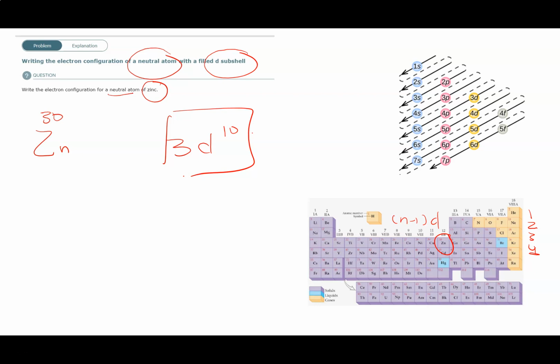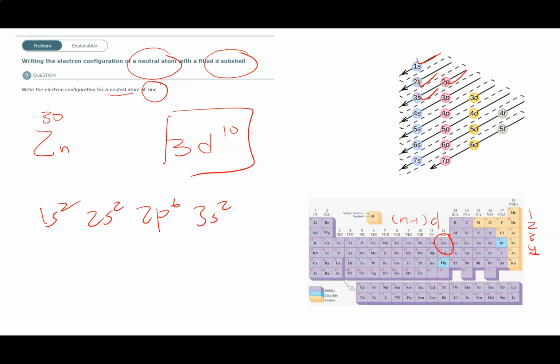So I've got a couple of things that I can do now. I can count off the period off the Aufbau diagram until I get up to 30, or I could count off the periodic table until I get to zinc. So I'm going to do both ways. So 1s2, done. Next one is 2s2, done. 2p6, done. 3s2, done.